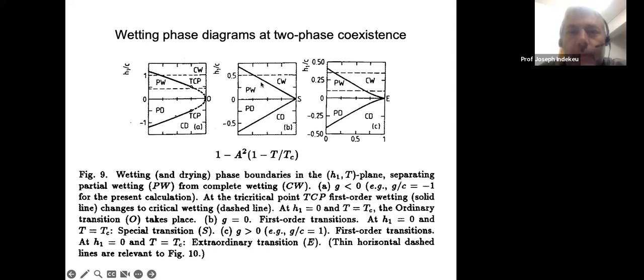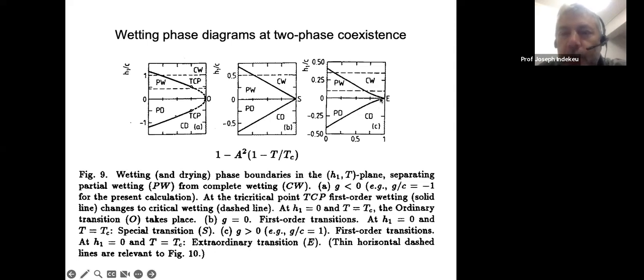You see that Cahn's conjecture is realized because we always go from non-wet to wet state, from partial wetting to complete wetting. So partial wetting is a synonym for non-wet, and complete wetting is a synonym for wet. Okay. So we have what Cahn called critical point wetting. So closer to the critical point, we go over to the wet state. And for positive values of the enhancement, we have a similar situation, except that this line is curved now.